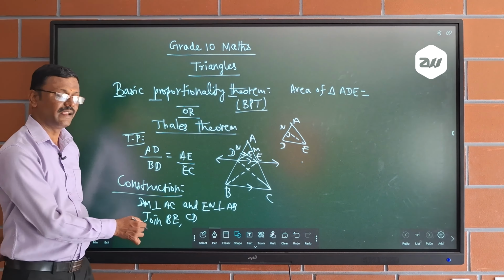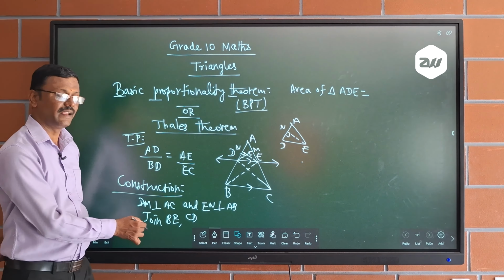So can I take AD as the base and EN as the height? What is the formula? Half into base into height. That is our area of a triangle formula. So half into base, base is AD, into height, what, sir? Height is EN. So half into AD into EN is the area of triangle ADE. Why are we doing this, sir? Pay a little attention. At the end you will understand why I find it.